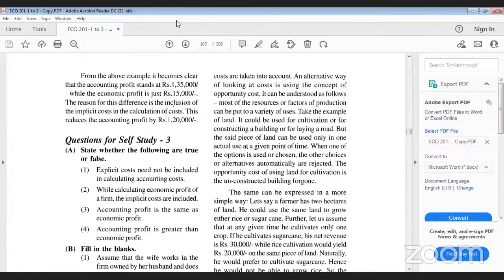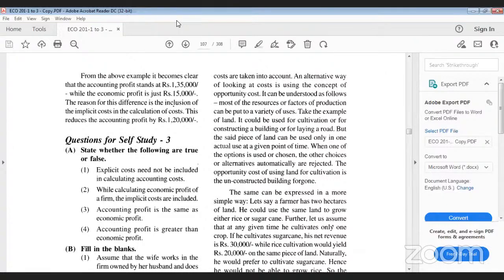It could be used for cultivation, or for constructing buildings, or for laying a road, but the said piece of land can be used only in one actual use at a given point of time. And when one of the options is chosen, the other alternatives are automatically rejected.